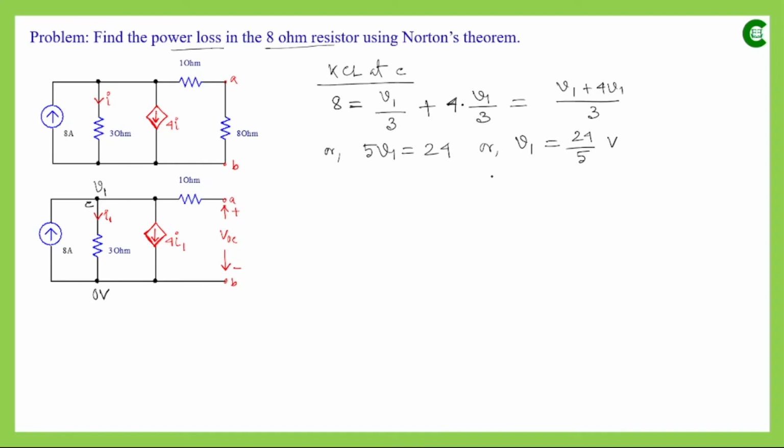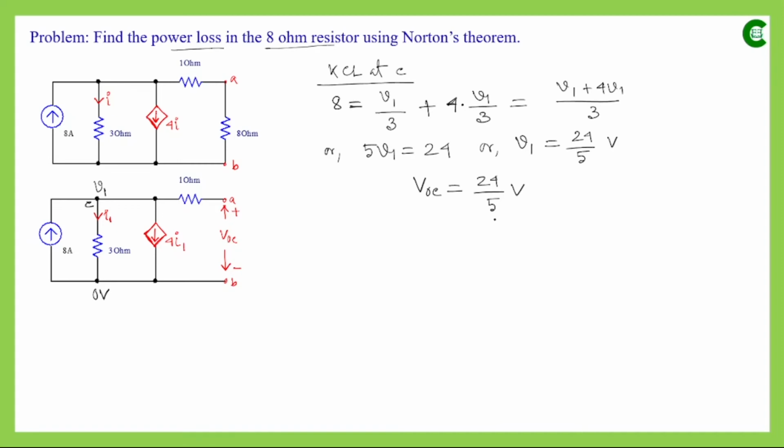Now since V1 is 24 by 5 volt, the potential difference across this 3 ohm resistor will be V1 minus 0, that means V1 itself. So the value of VOC will be the same as the voltage drop across this 3 ohm resistor. So it will be 24 divided by 5 volt.